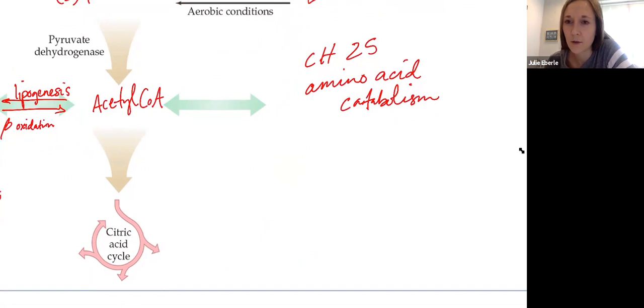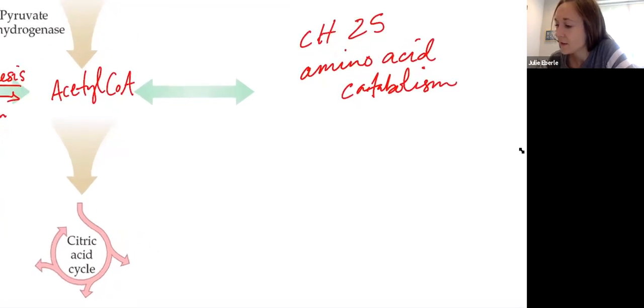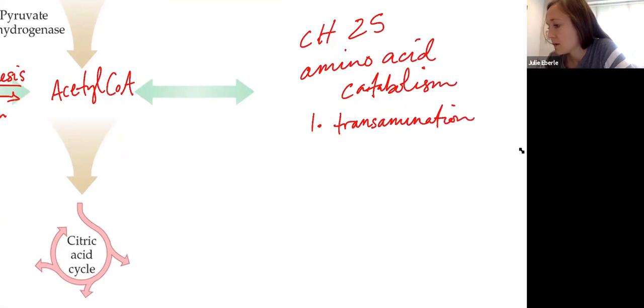After we digest the proteins and get them into amino acids or small peptides, there are a few reactions we run. We use transaminase enzymes. So step 1 of that is transamination, where we switch an amino group with a carboxyl group from an alpha keto acid.